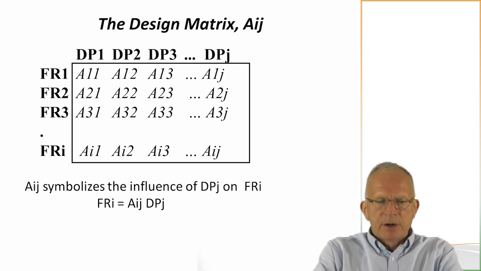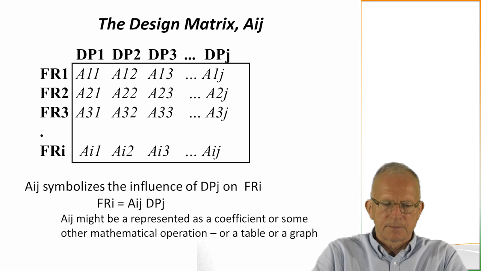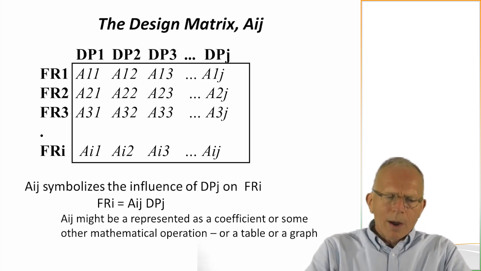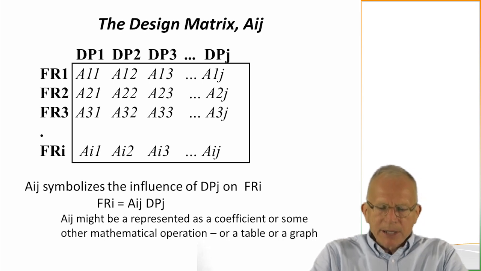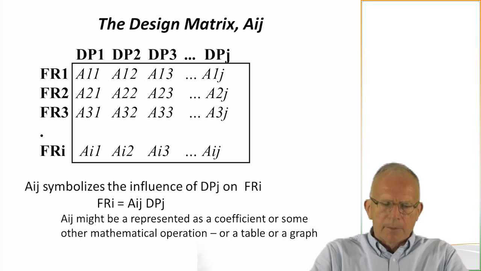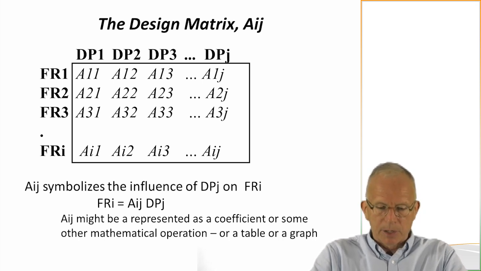So here's the design matrix, represented out as far as you would like to take it. And so now, what are these elements in the matrix? There might just be a simple multiplicative coefficient. But it might be something more complicated, a more complicated mathematical operation.